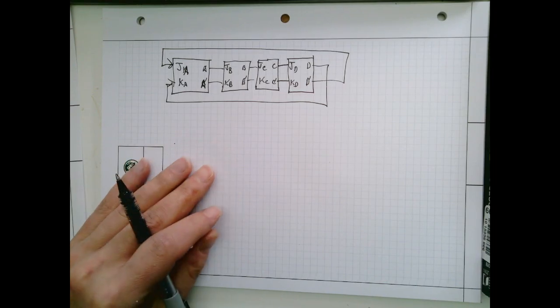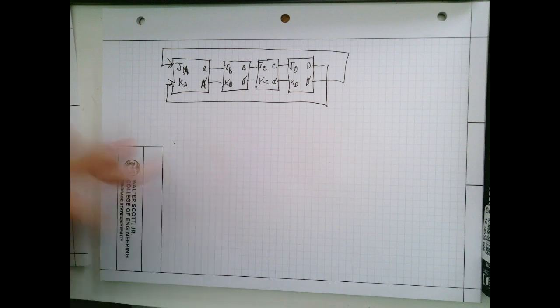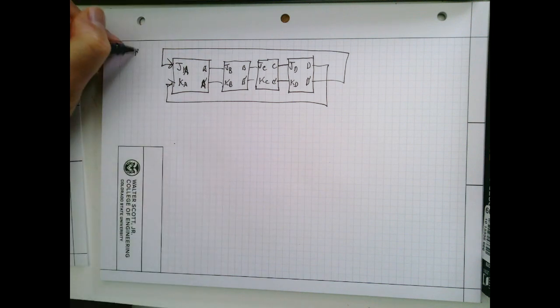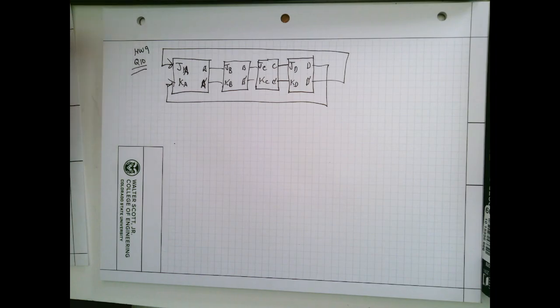This is homework 9, question 10. How do you approach this problem? How do I do the reverse engineering for a system of flip-flops like this? How do I begin? What approach do I use? Any ideas?